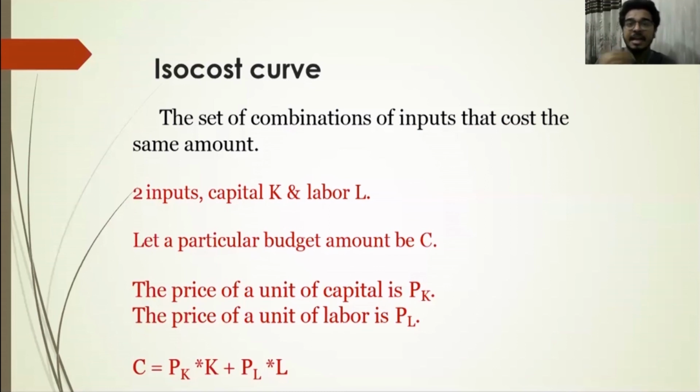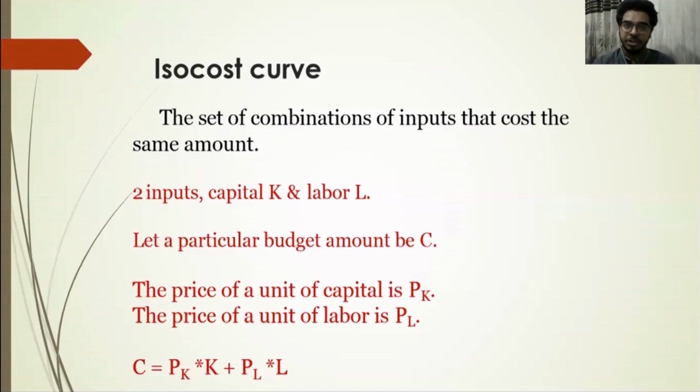Here it is production for the producer, the quantity of output produced. So they will try to maximize this quantity of output with the combination of capital and labor, given the constraint, which is the budget line.